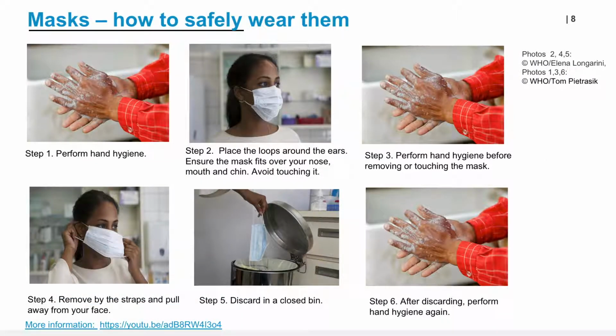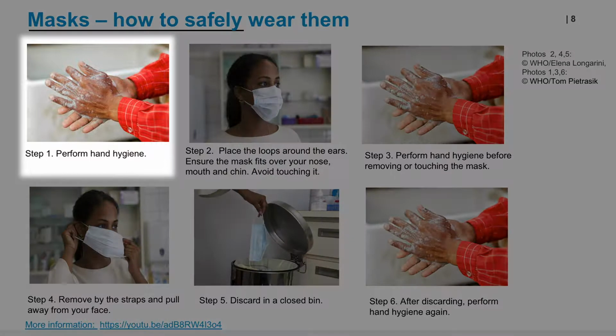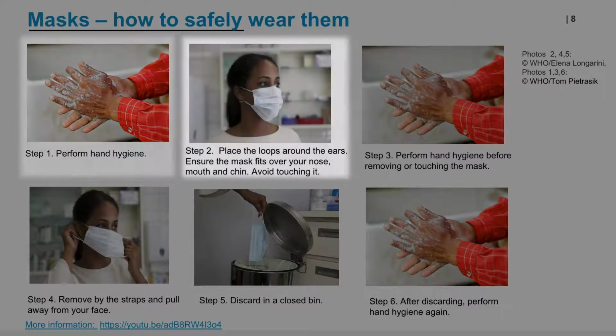As mentioned, the use and management of the mask is as important as wearing it correctly. The vaccinator should follow the IPC mask guidance and wear a medical mask when administering the COVID-19 vaccine. These are the steps when putting on or removing the mask. First, before putting on your mask, clean your hands with either alcohol-based hand rub or soap and water. Vaccinators should wear a medical mask throughout the entire vaccination session.